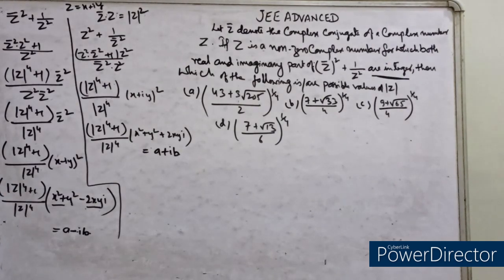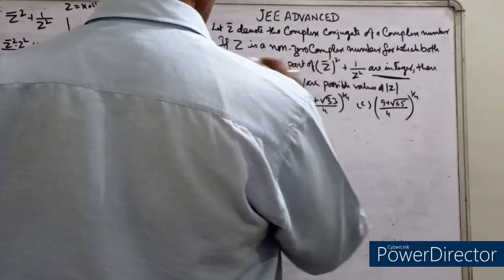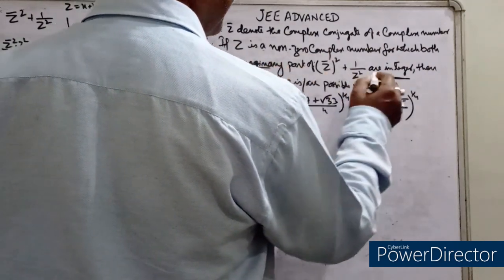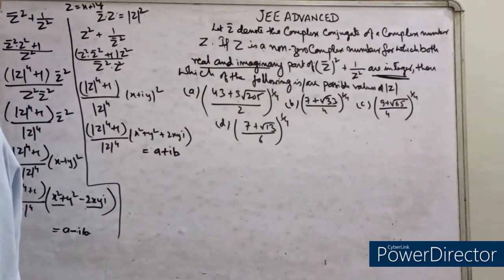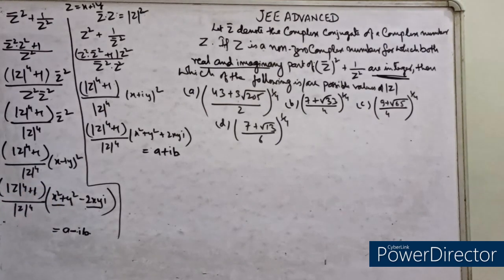Now, because both the real and imaginary parts are integers, both these are integers. So what I did here is I multiplied these two.